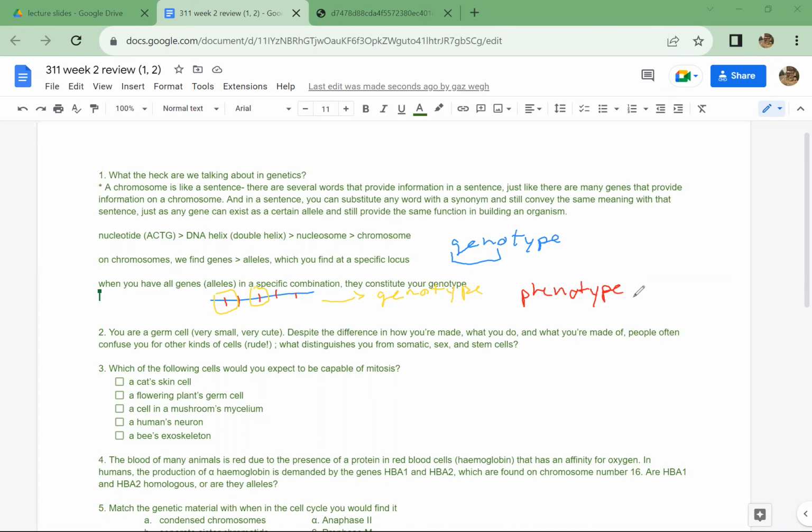A phenotype is the visible manifestation, or even the chemical manifestation, of the instructions given to our cells by our genotype. So our genotype informs our phenotype, and our phenotype is what we can see and do.